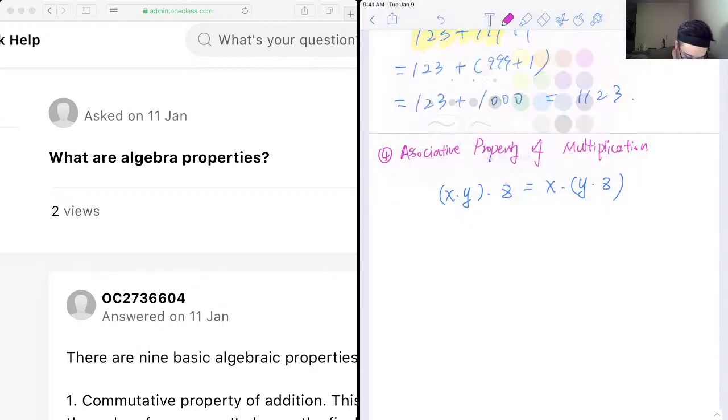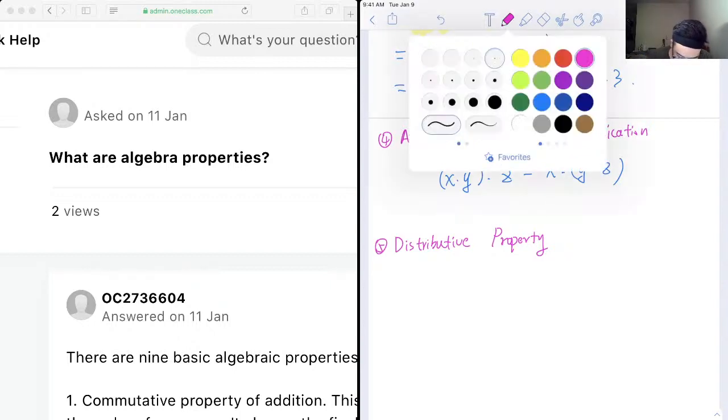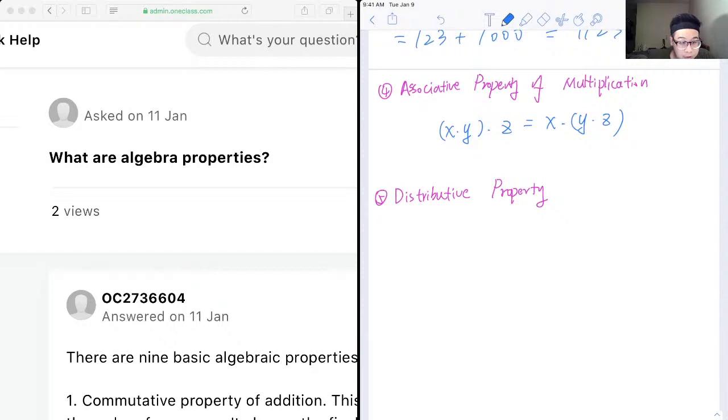Okay, so next we have the distributive property. For this property, it states that a sum or a difference expression multiplied by a constant is equal to the sum or difference of each term multiplied with that constant.